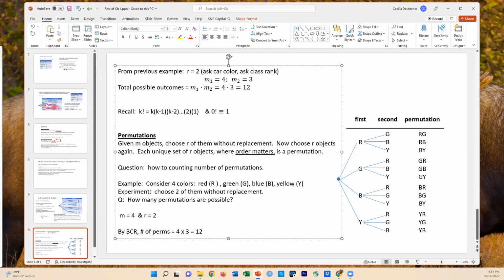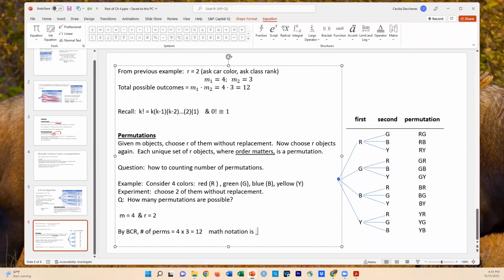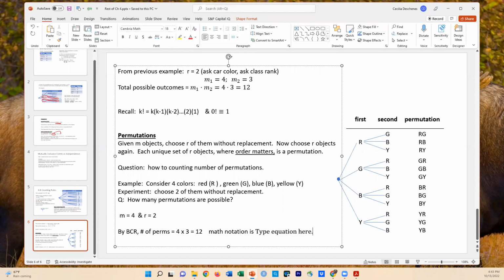And for a permutation, the math notation is, something that I don't know if I can get it to look right in the notation that I'm using here. It's not wanting to do it.